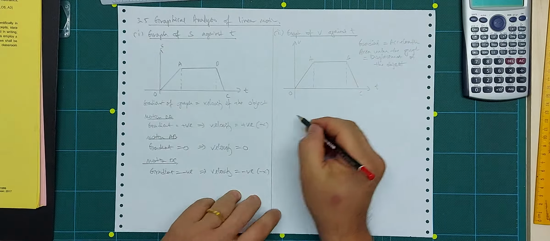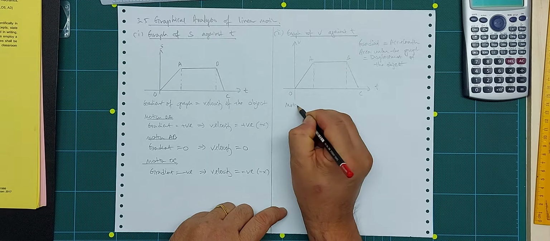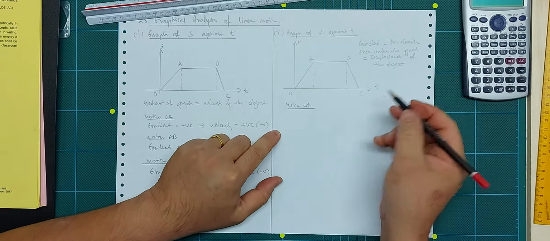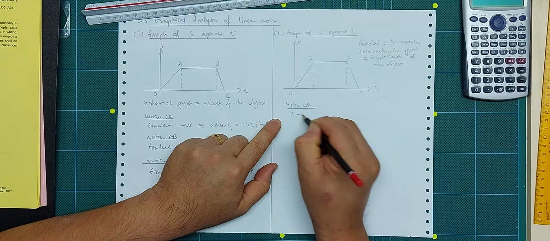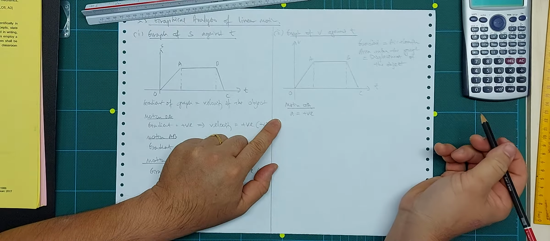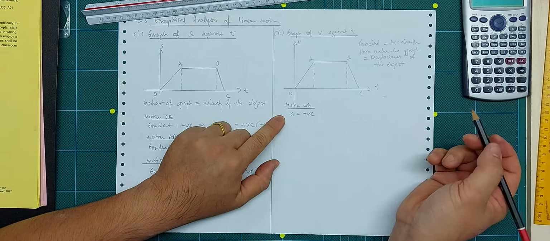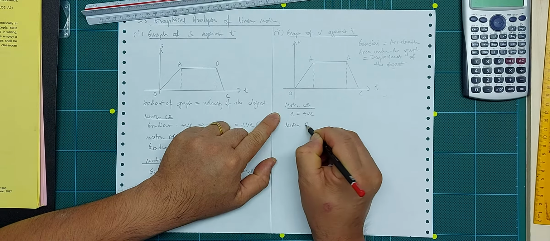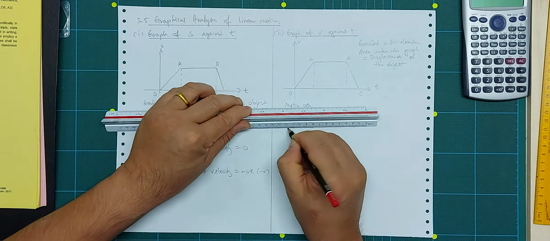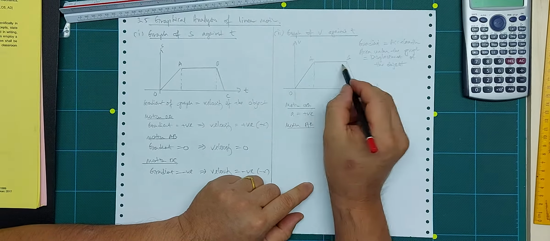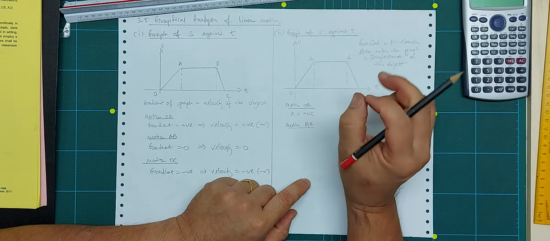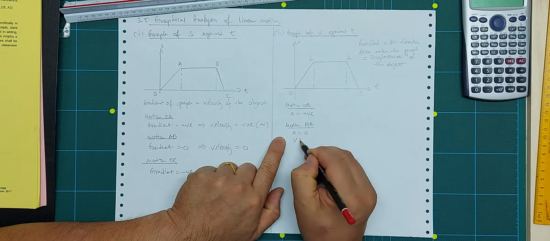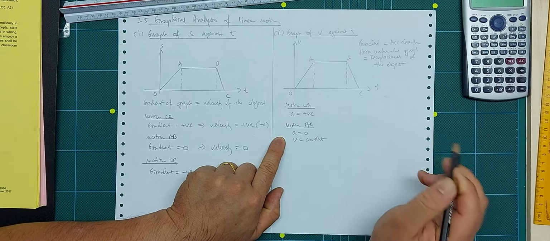Now we look at motion OA. What can you tell me? You have acceleration equal to positive. For motion AB, you see the gradient is 0, that means your acceleration is 0 and your velocity is constant.